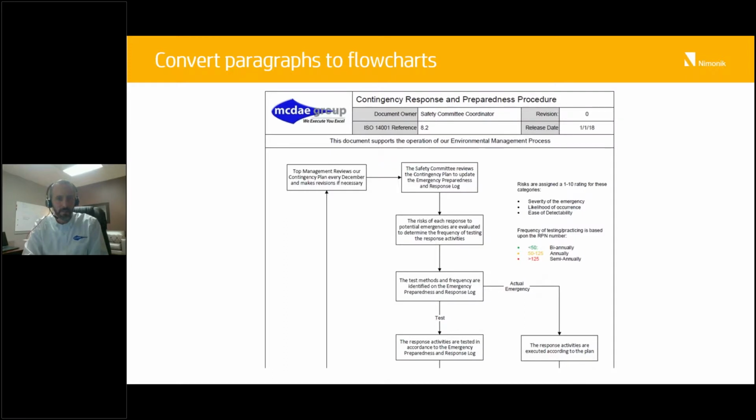We recommend converting to flowcharts, and it's much more user friendly. It engages much more. It's a lot more effective. And here's the philosophy behind it. Some people believe the more thorough, the more specific, and the more information you give somebody makes it more effective.